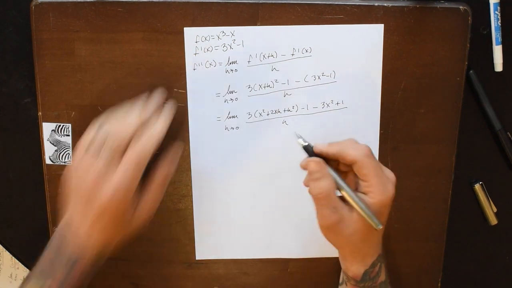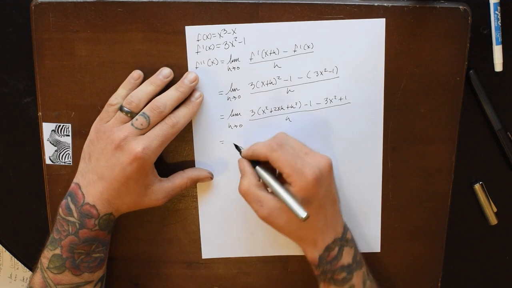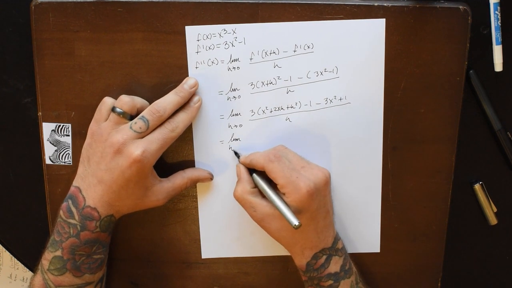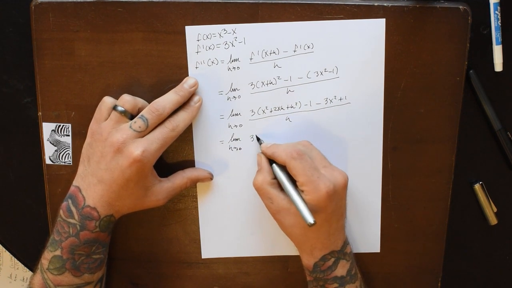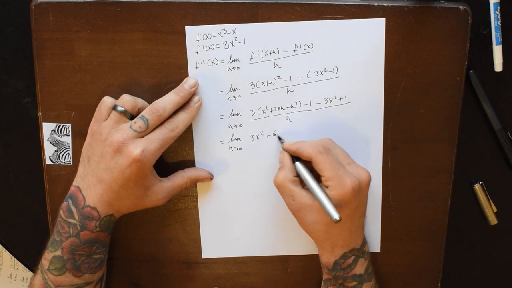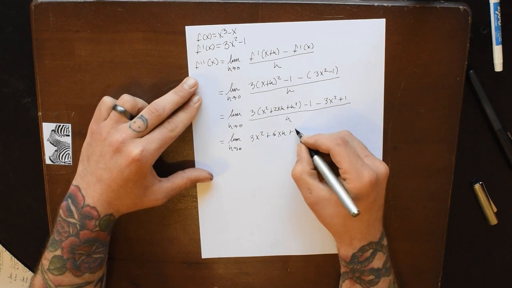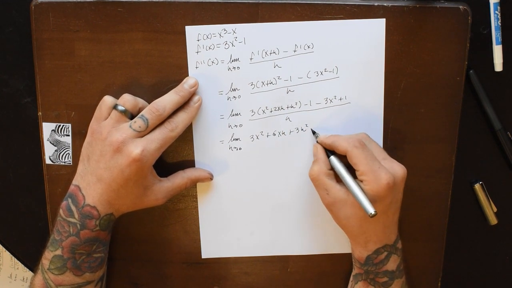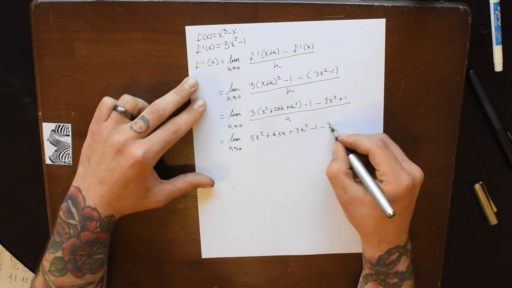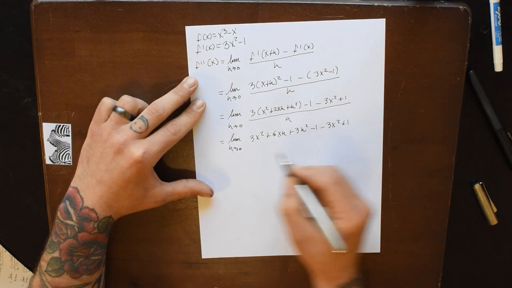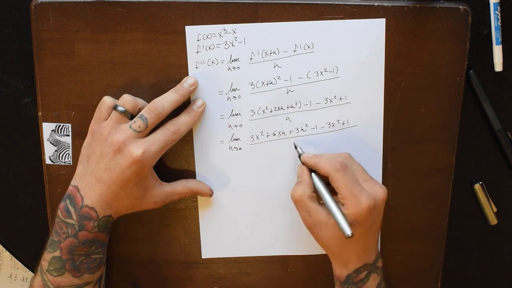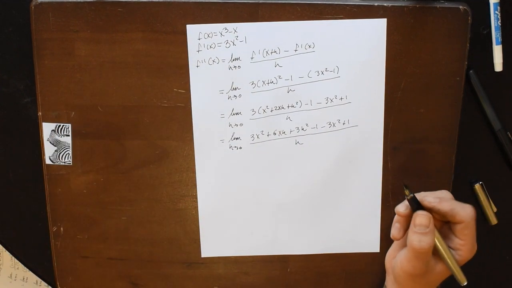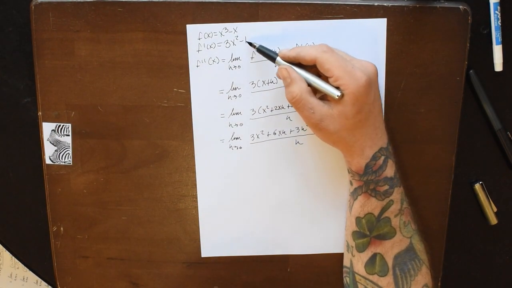Nope, we'll distribute that 3. Limit as h goes to 0 of 3x squared plus 6xh plus 3h squared minus 1 minus 3x squared plus 1, all divided by h. So we're taking the derivative of a polynomial.